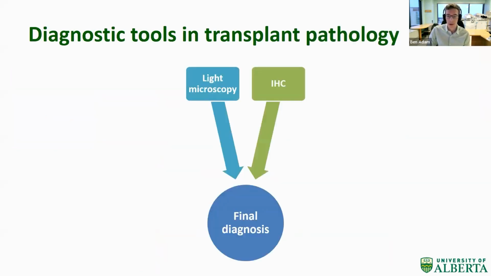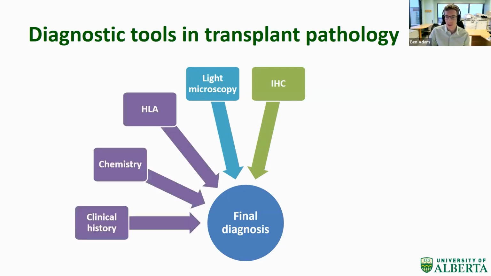So as pathologists, arriving at the final diagnosis requires the integration of multiple sources of information, and we do have various tools available to us, including the standard pathology methods of light microscopy and immunohistochemistry.